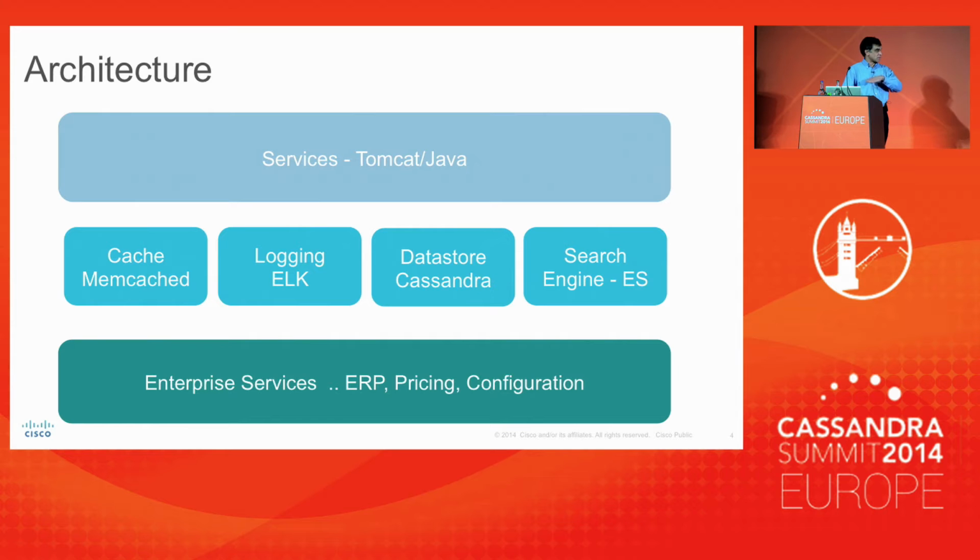So we have that bottom layer, which is our back office, and it also provides a number of other services. What we do then is we have a top layer of services. That's where we build all our APIs, and this is typically Java for us. We have standardized on that. We may expand to more languages, but we predominantly are running on Java, and for that we use a Tomcat server.